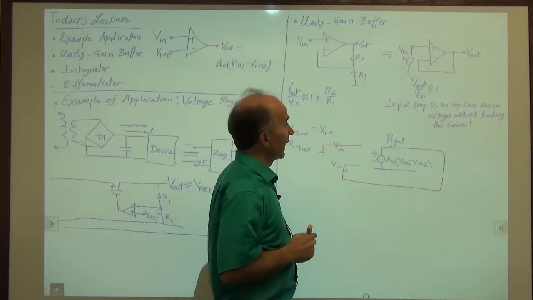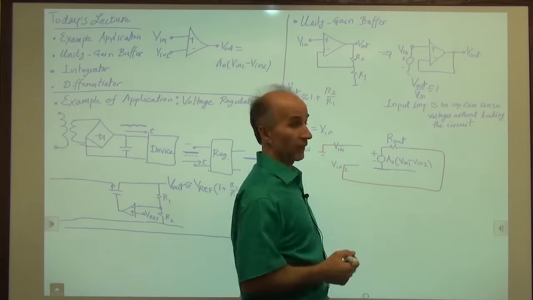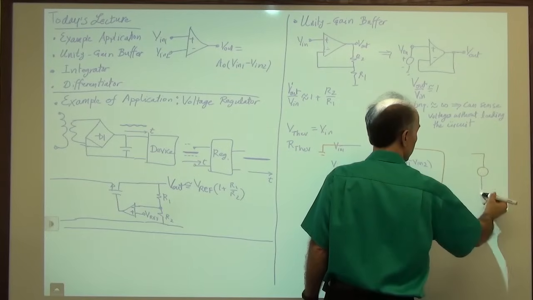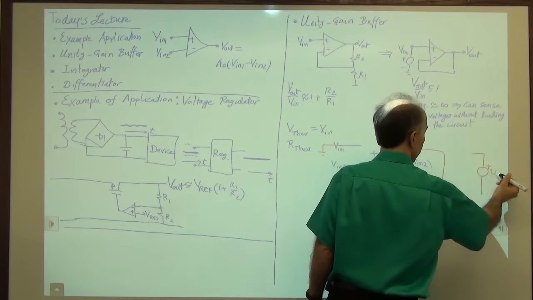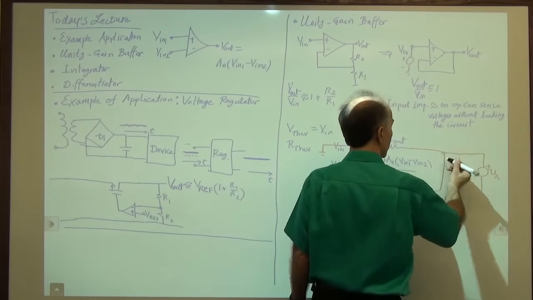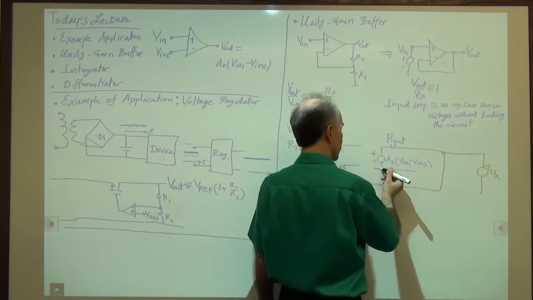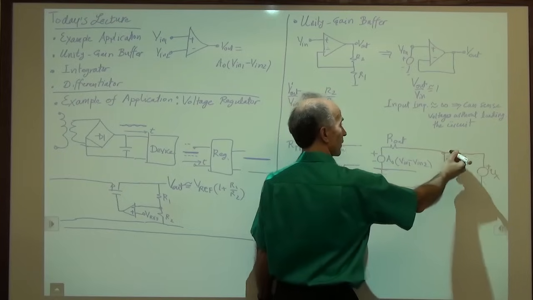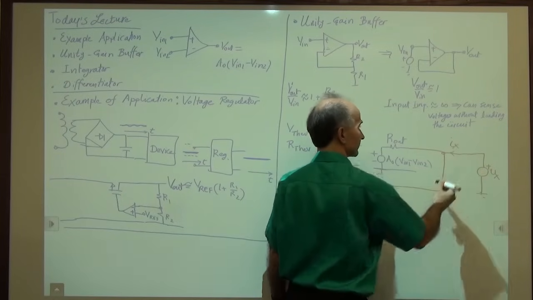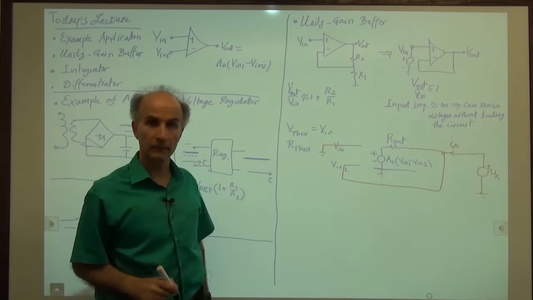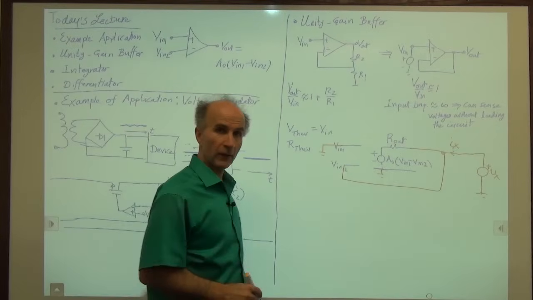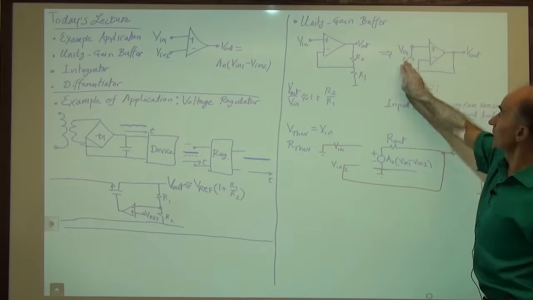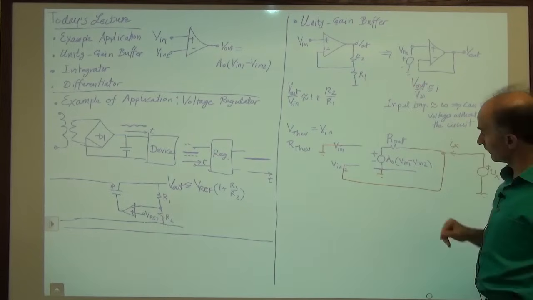Okay, and we need to find the Thevenin resistance. So we come from outside, apply a voltage Vx to this point, and let's call this ground so that the circuit is not too crowded, and measure this current Ix.